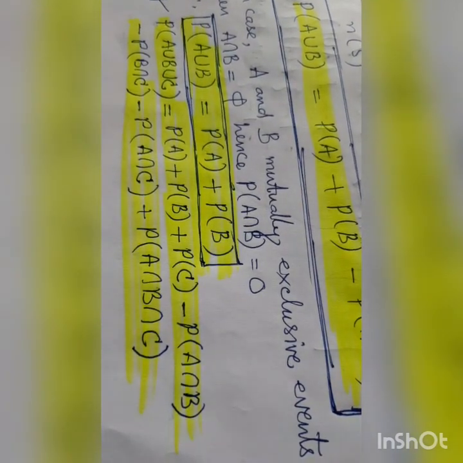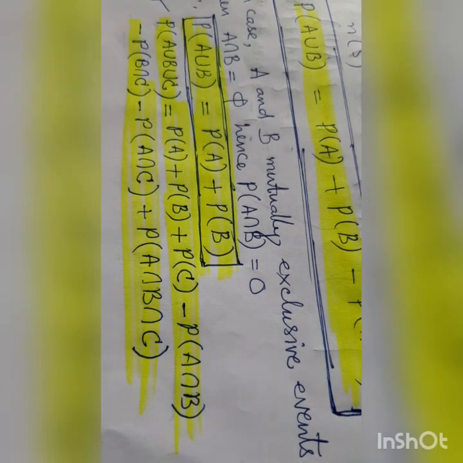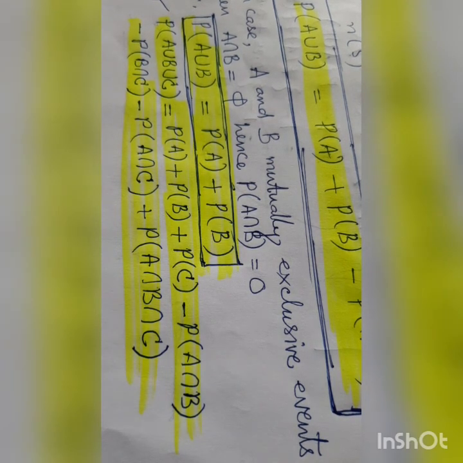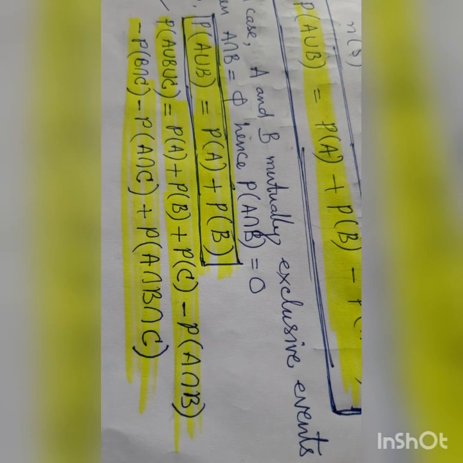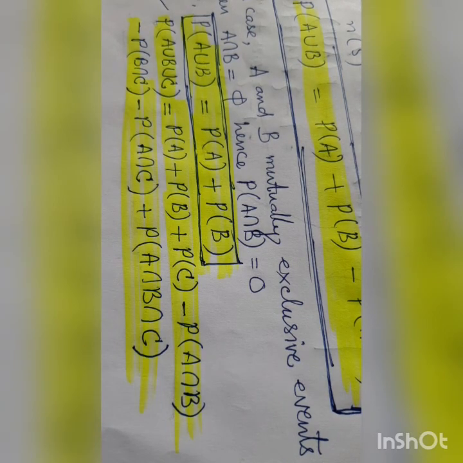P(A ∪ B ∪ C) = P(A) + P(B) + P(C) when A, B and C are mutually exclusive. That's all. If they are not mutually exclusive, then P(A) + P(B) + P(C) − P(A ∩ B) − P(B ∩ C) − P(A ∩ C) + P(A ∩ B ∩ C).